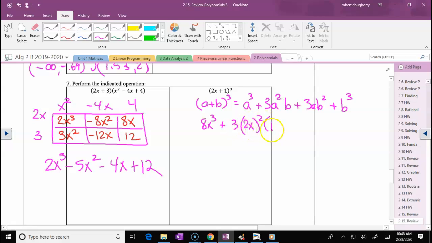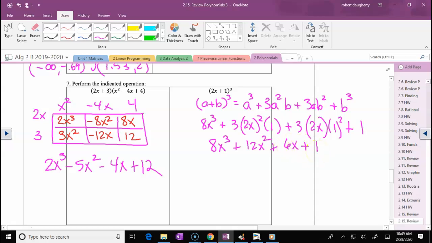You square that times 1 plus 3, 2x times 1 squared plus 1. This is 8x cubed plus 12x squared. So plus 12x squared plus 6x plus 1.